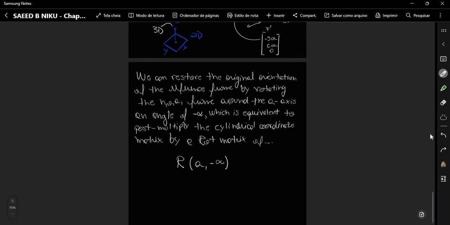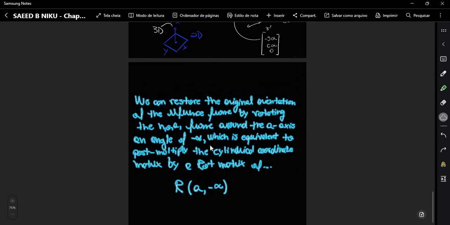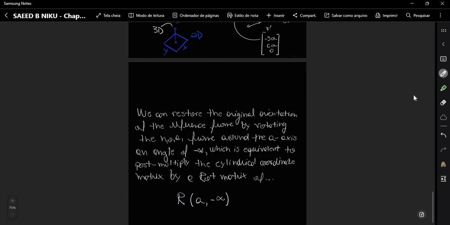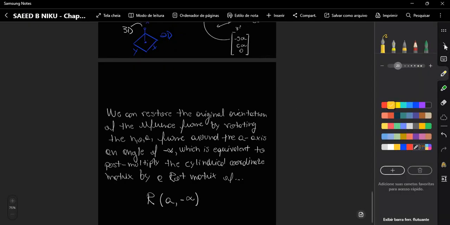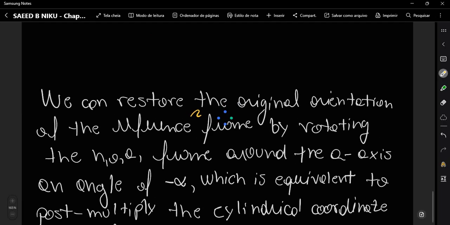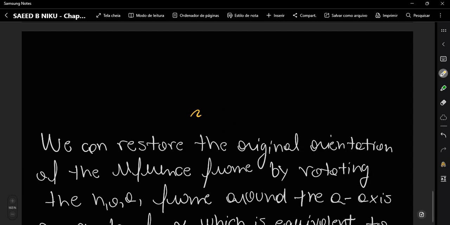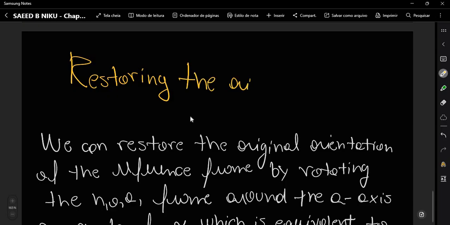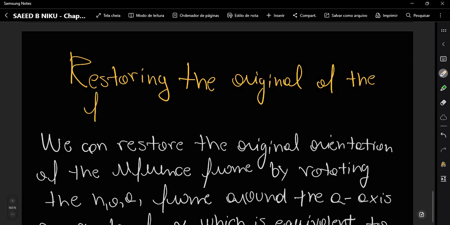Let me use a title to describe what this is doing. So with this, we are restoring the original orientation of the frame.